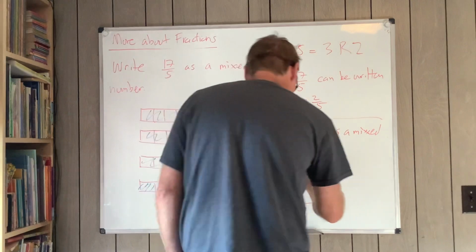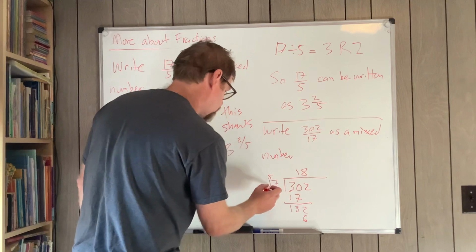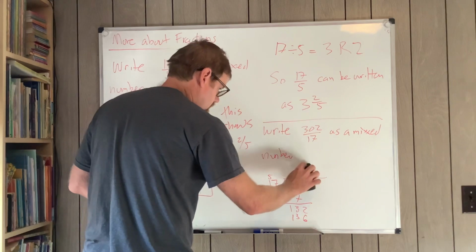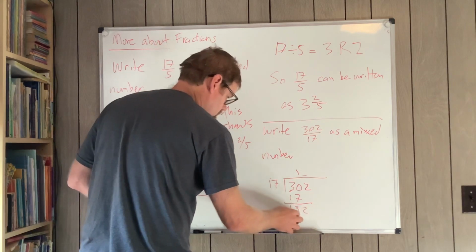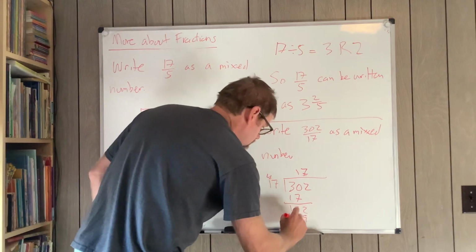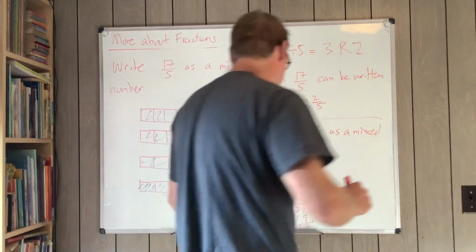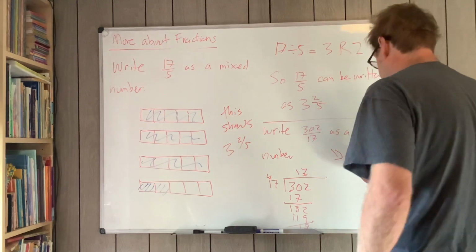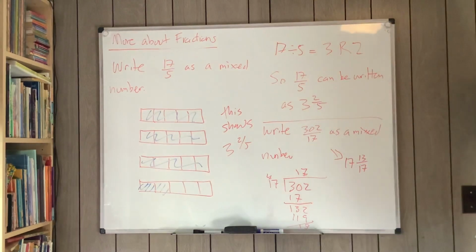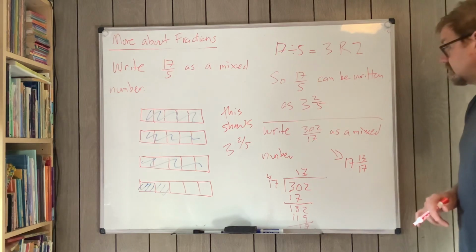I'm going to try 8. 8 times 17 plus... Oh, it's too big. Okay. So it looks like it's going to be 17, 7 times 17 is 119... 3, 1. Right? So then this is going to be 17 and 13/17. So I didn't mean that to be the same, so hopefully that's not confusing.